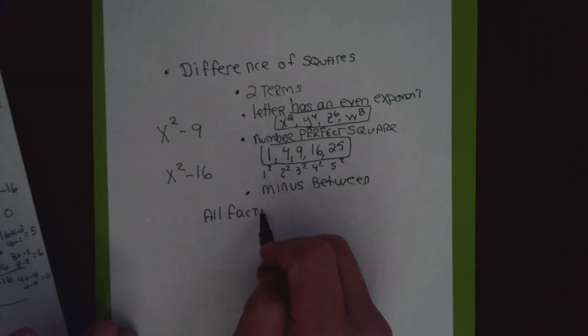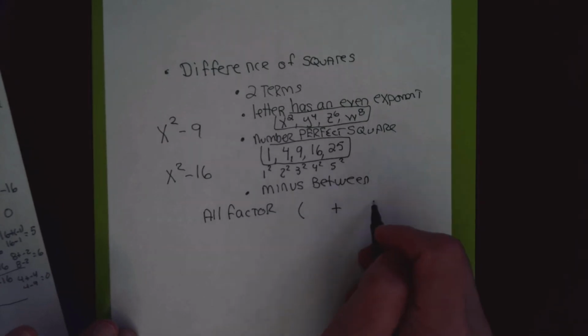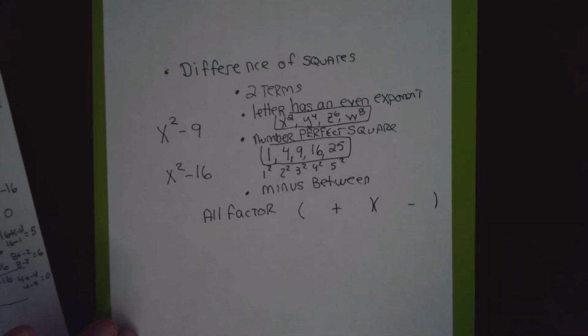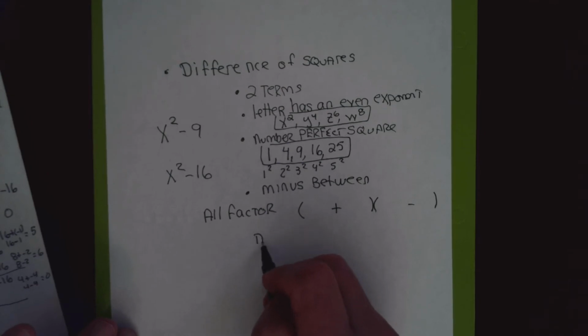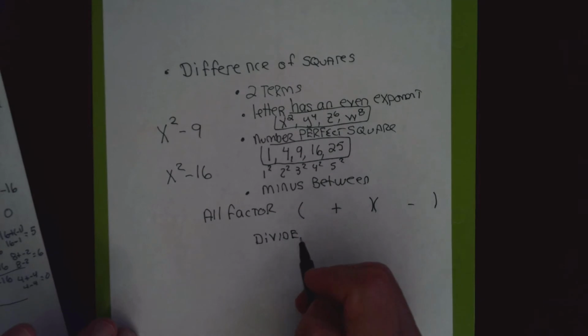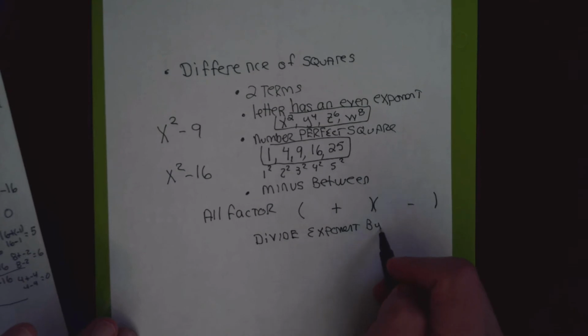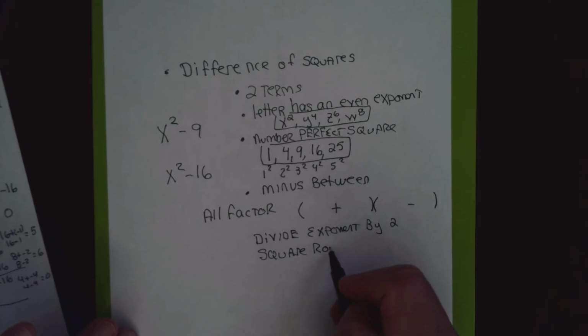The template is one parenthesis gets a plus, the other parenthesis gets a minus, and I fill up the parentheses by, I divide any exponent by 2, which we've done already, and I square root the numbers. And all of these I can sight factor.